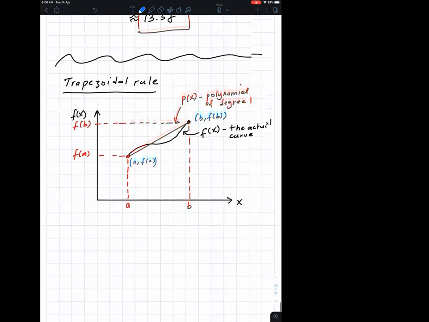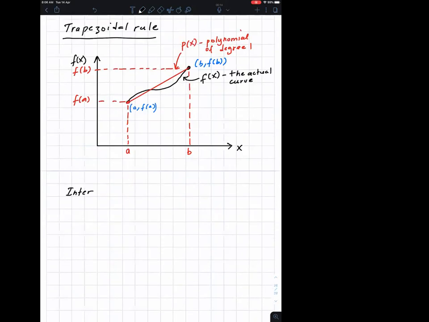So now what we want to do is interpolate. From the previous lesson, we know what interpolate is, right? Interpolate means you try to approximate a polynomial with another function.